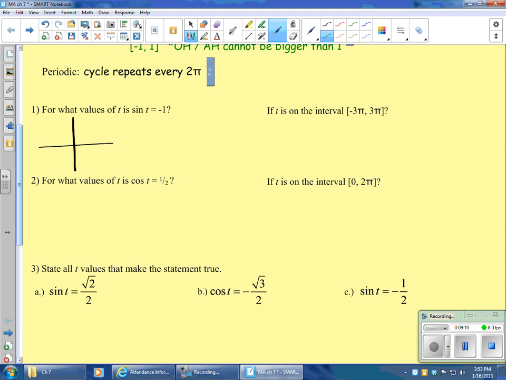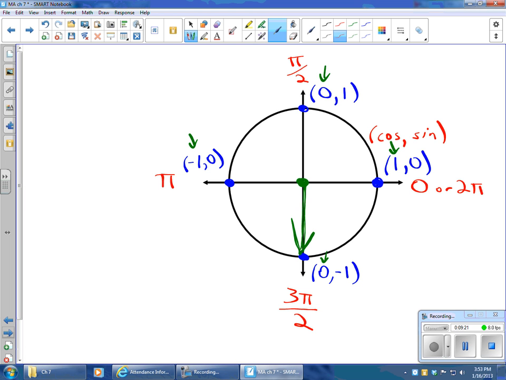All right, this first one's kind of a special case. Sine only equals -1 at one spot on the unit circle. And actually, if I go back to my unit circle, the only place, let me get rid of these real quick. The only place where sine equals -1, remember it's the second coordinate, is down here.